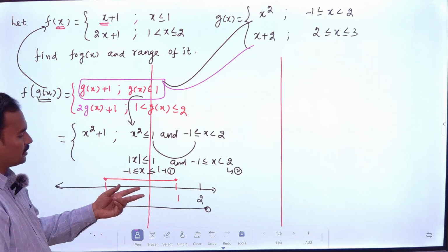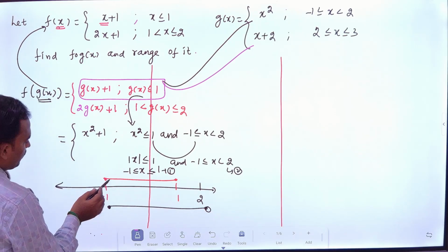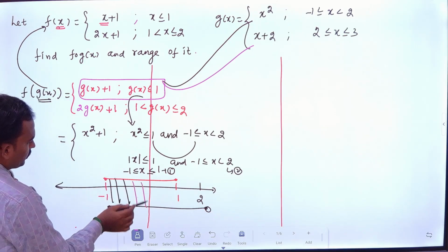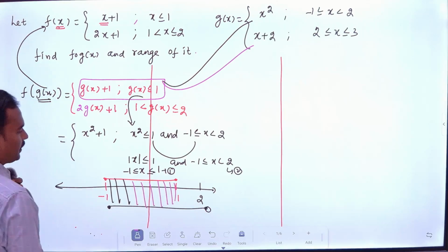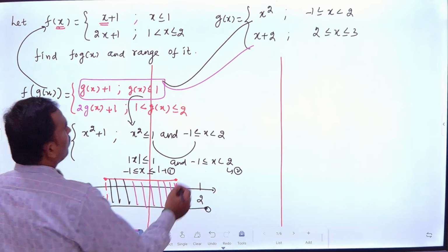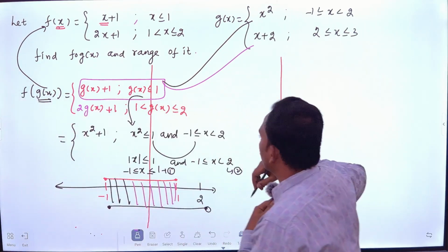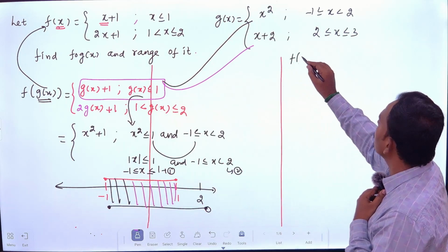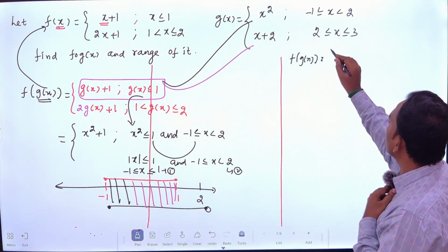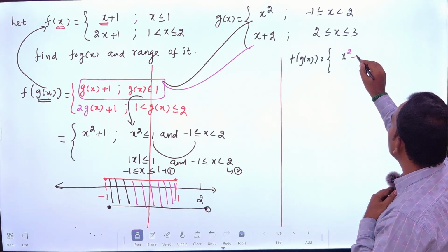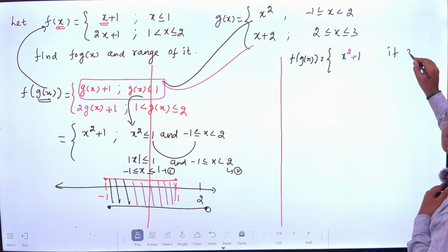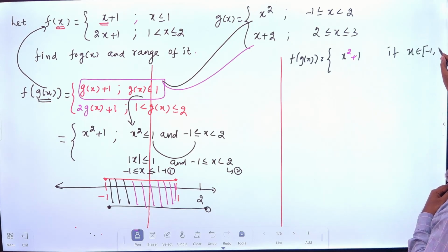Which part is common in these two? The common portion is this one. Therefore, f of g of x is equal to x square plus 1 if x is from -1 to 1. This is the first one.